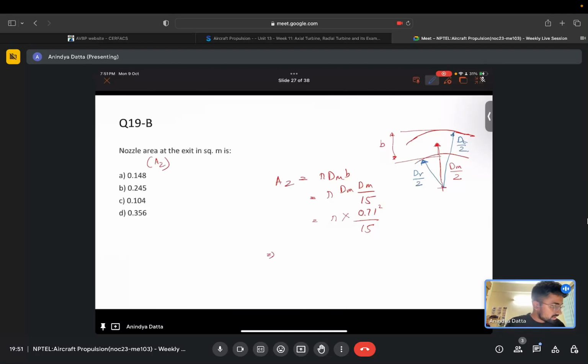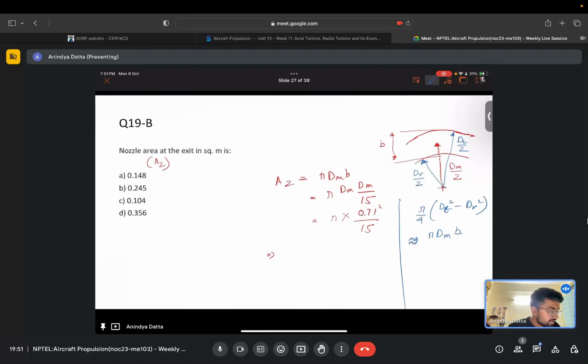Then the area will be pi by 4 into dt square minus dr square. So you can find it that way, but if the thickness b is much smaller than dm, pi dm into b is also a good approximation. This is what we are using here.